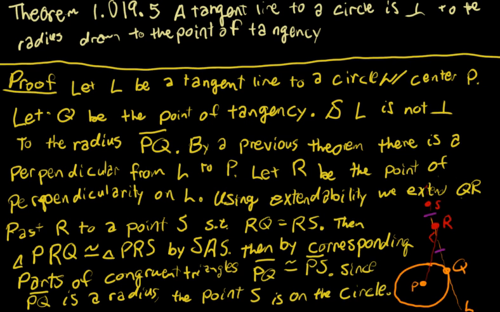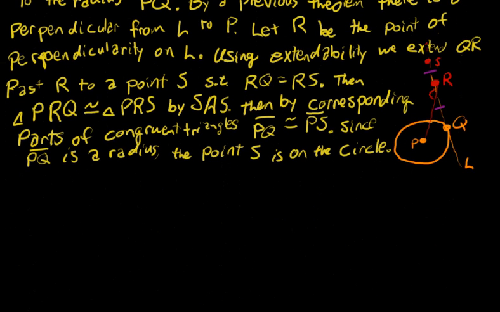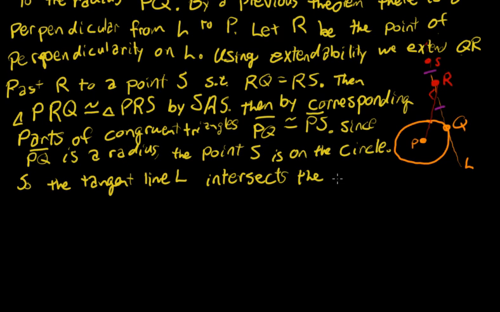Well, for a minute I thought we could do that all on one page. We'll go down here just a little bit. So the tangent line L intersects the circle at 2 points.